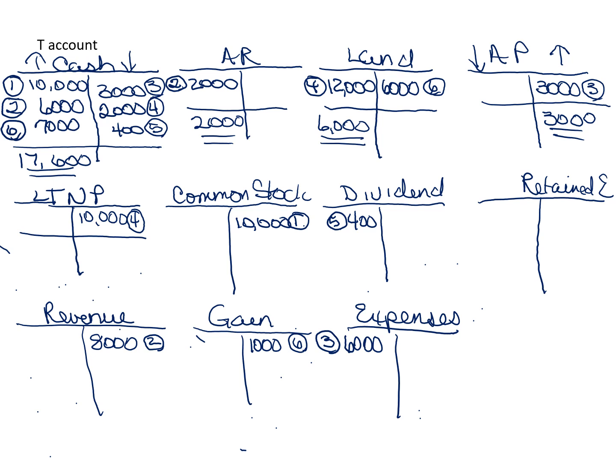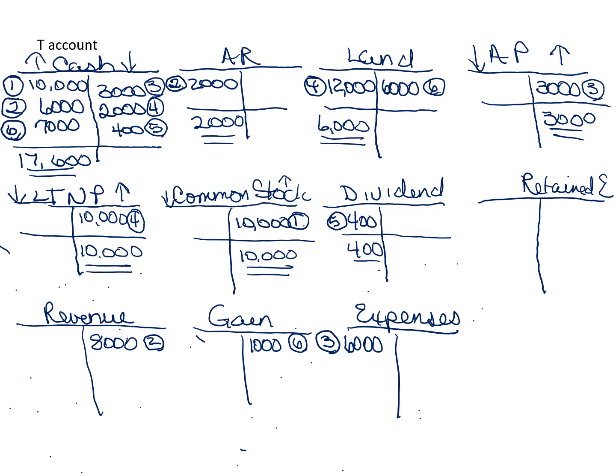Long-term note payable also is a liability account, so it has a balance of $10,000. Common stock is a shareholder's equity, and it has a balance of $10,000 as well. Dividends has a debit balance of $400.